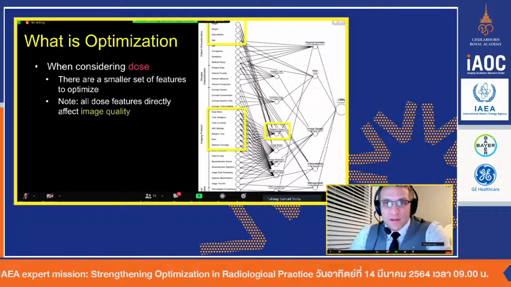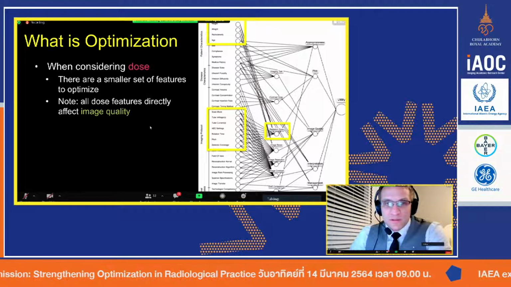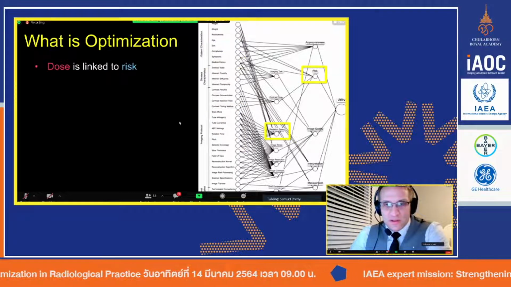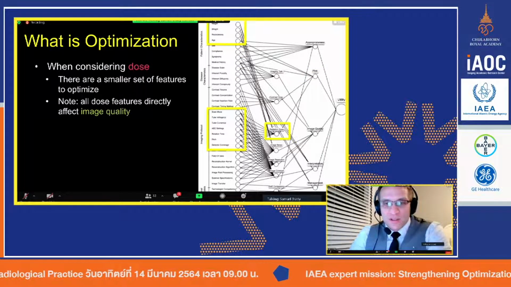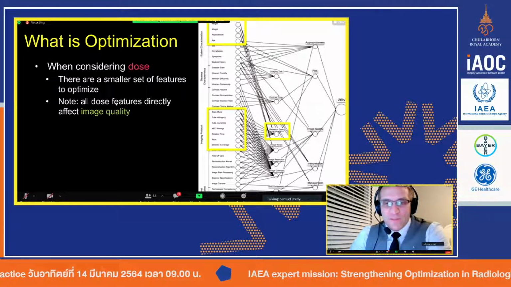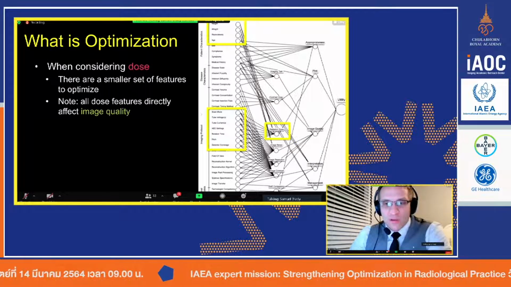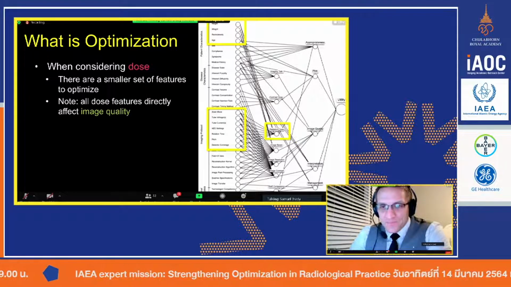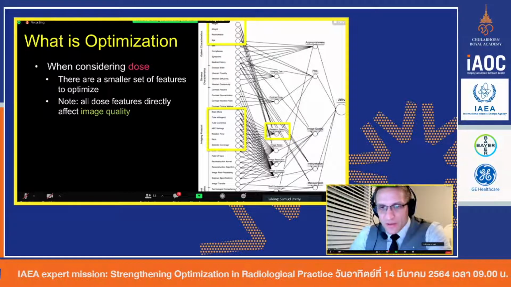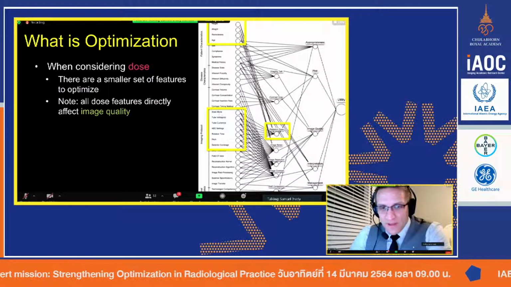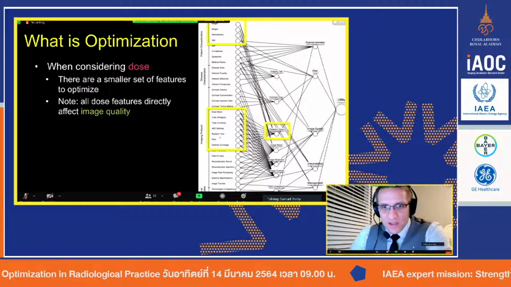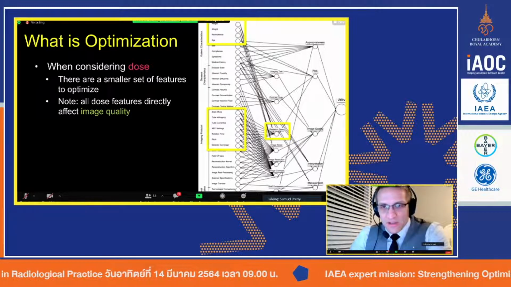It's important to notice that not all the features directly affect image quality. And so if you look at it, this radiation dose value obviously is affected by changing any one of these things, like tube current, tube voltage, rotation time, pitch.